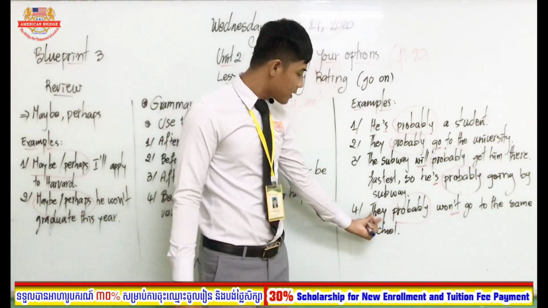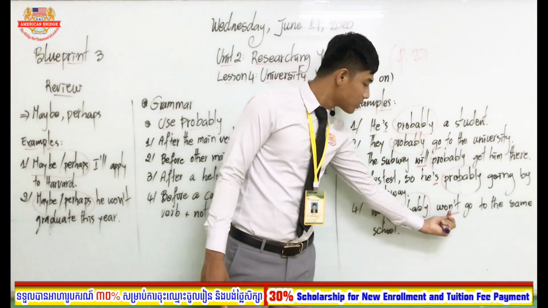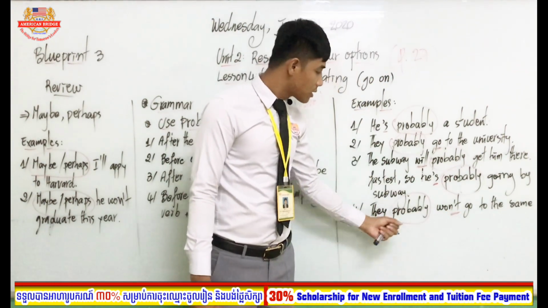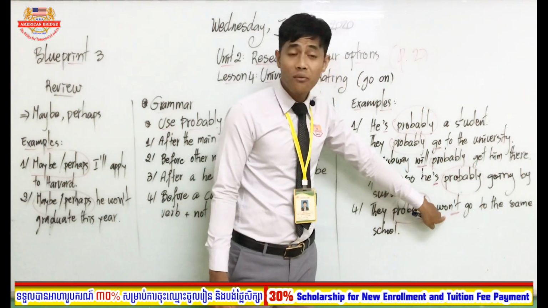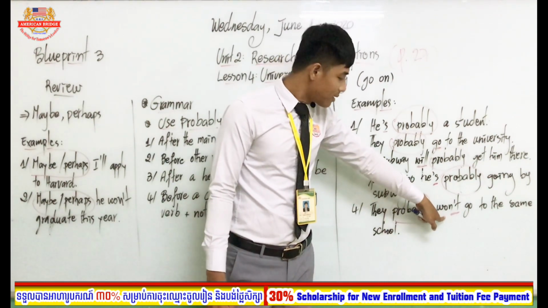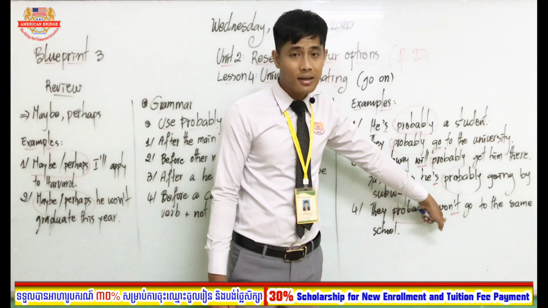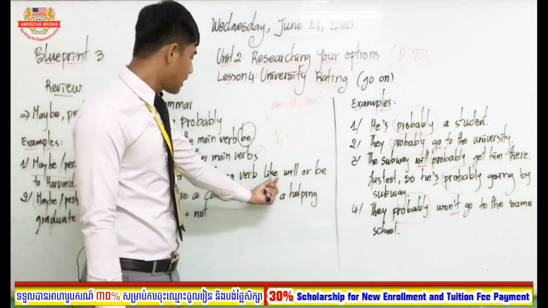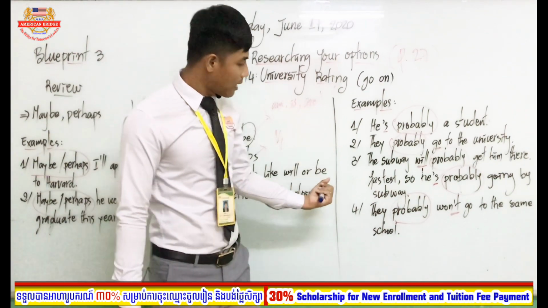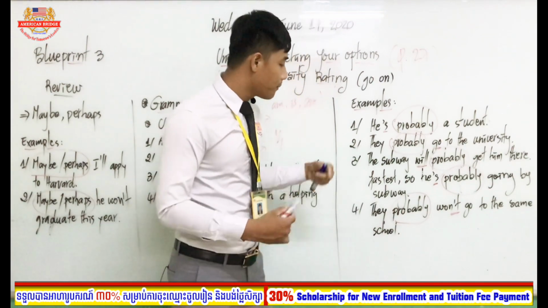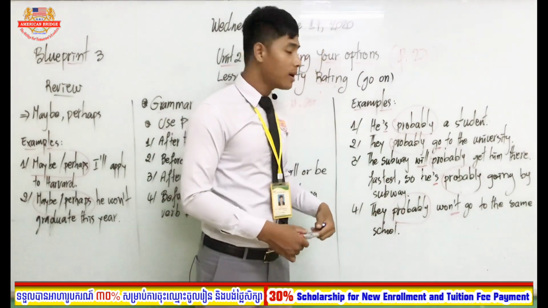Next, number 4, they probably won't go to the same school. So look at won't, from will not, right? You know, will is like a modal verb, and we use it as a helping verb over here. It should be after, sorry.